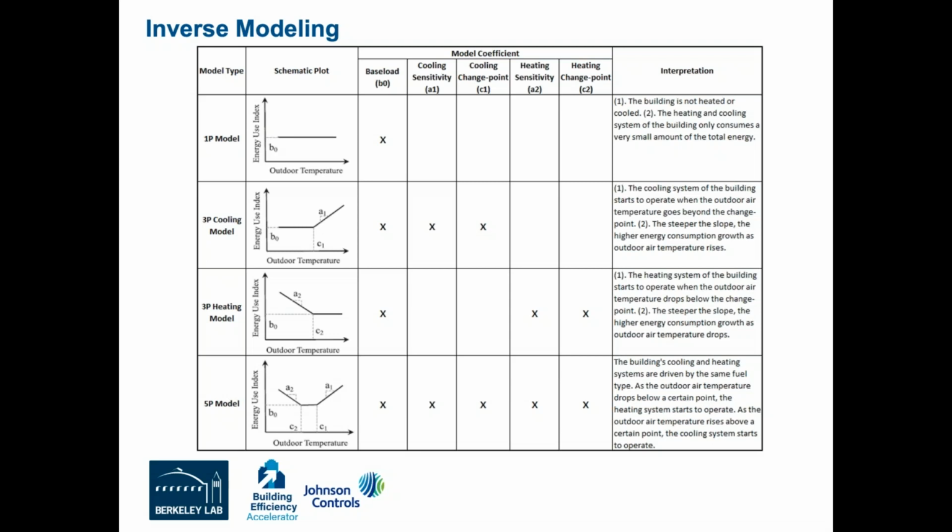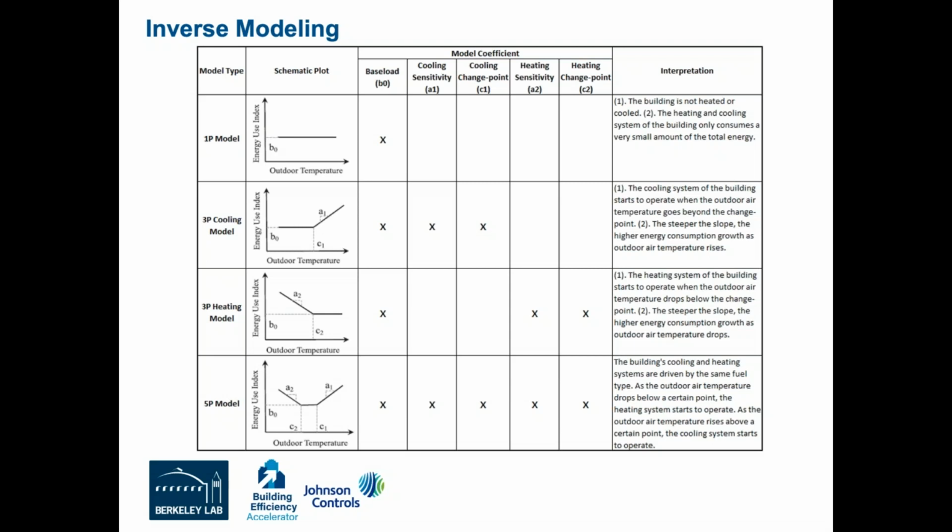And you can see what those models look like in the second column of this chart. And from those models, we generate up to 5 coefficients for each model. Those coefficients include base load, cooling sensitivity, cooling change point, heating sensitivity, heating change point.